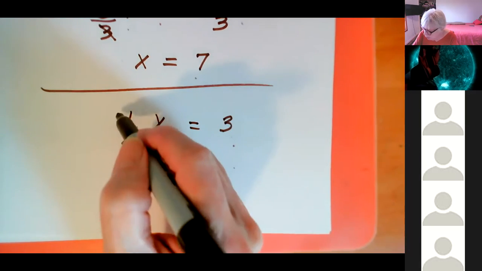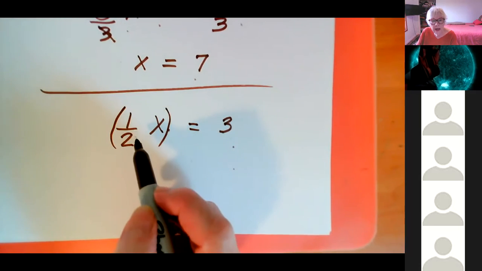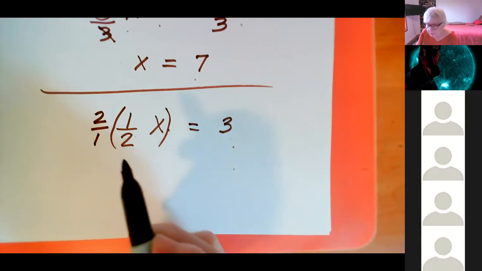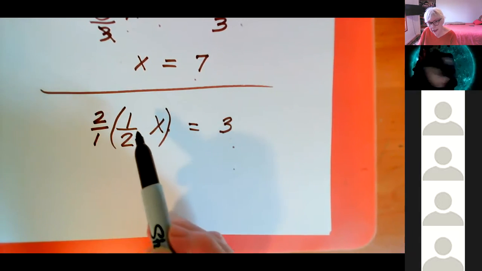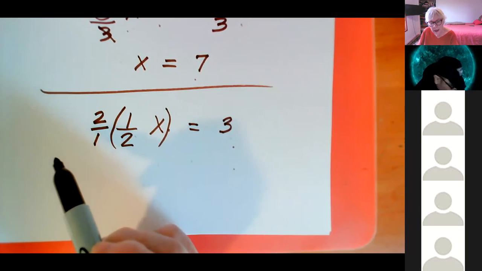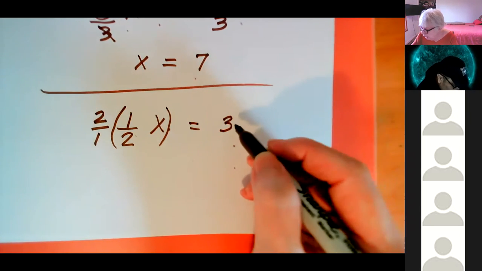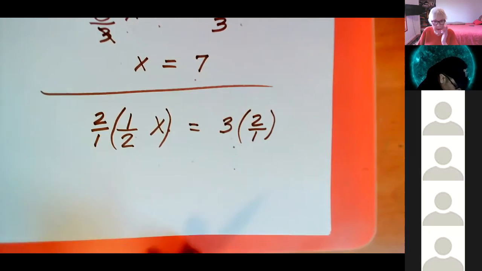So what I want to do is suggest this. Instead of 1/2, I want to multiply by 2/1. You see the advantage of that? Things are going to cancel. But the minute I multiply this side by 2/1, I have no choice but to multiply the other side by the same exact thing.